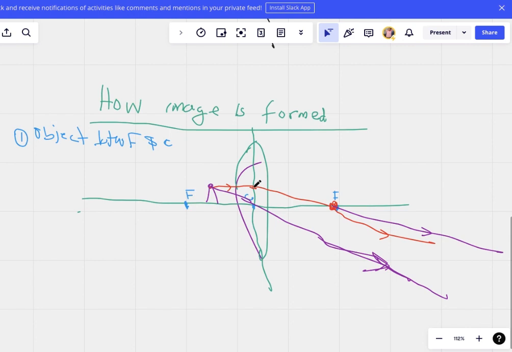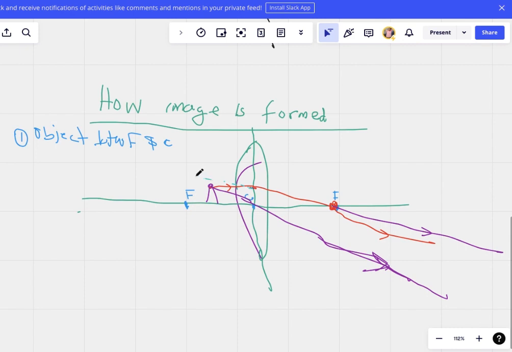Now, if you bring broken lines behind them, since they will not meet, they cannot form an image on this right side. So if we use broken lines to bring them behind, the image will be formed as a virtual image here.